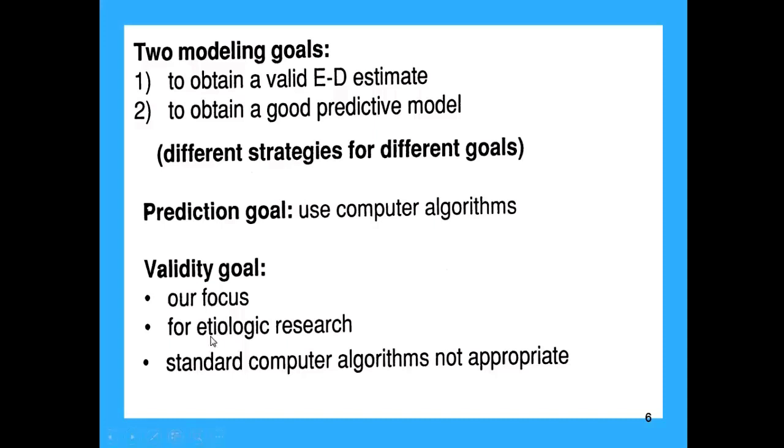Standard computer algorithms like backward or forward are not going to answer the question. They're missing something. They don't necessarily properly deal with confounding or interaction. If you just say, I'm going to do backward elimination and see what I get, or I do forward addition, it won't work. So we're going to be talking about validity here.